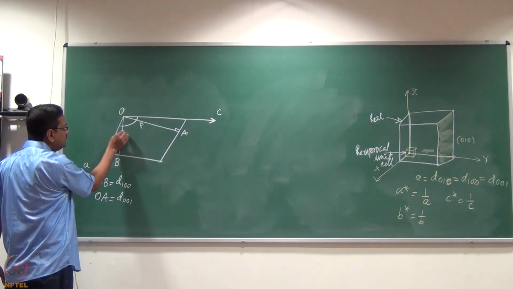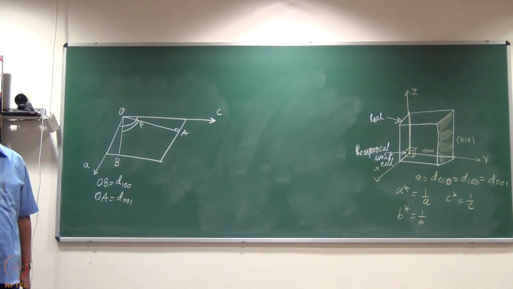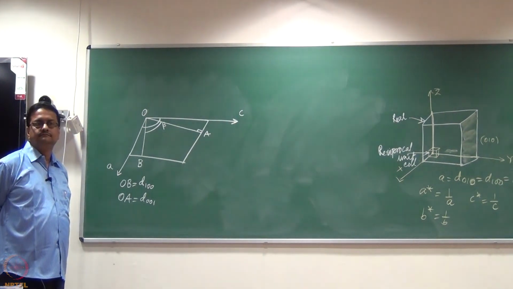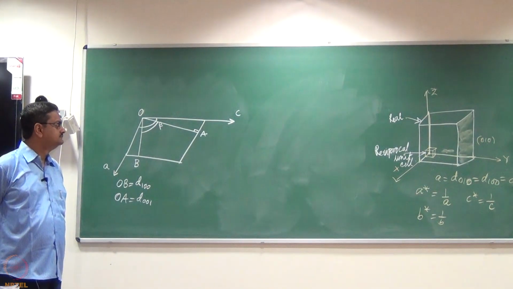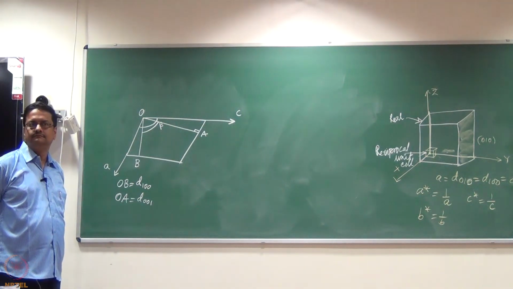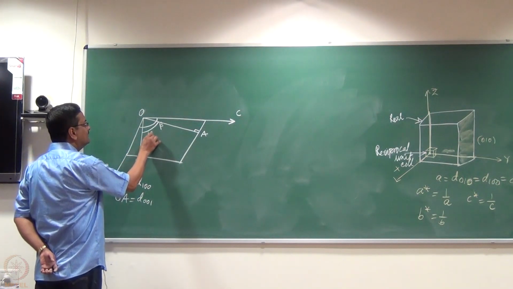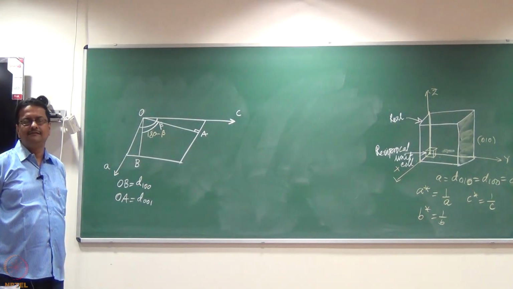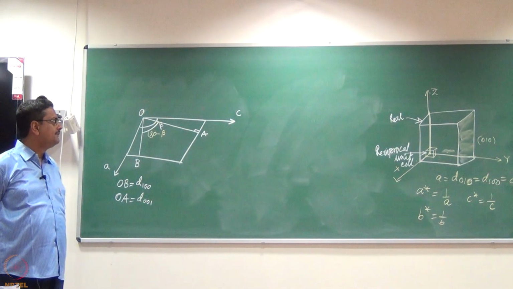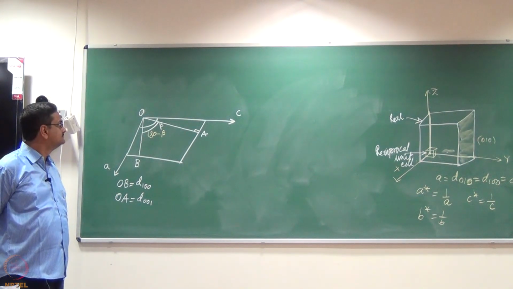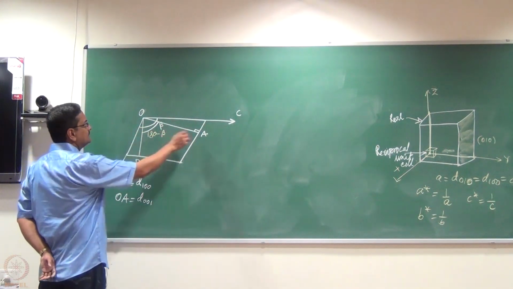What is this angle inside? How? OAB, and that angle is also beta, opposite to this.